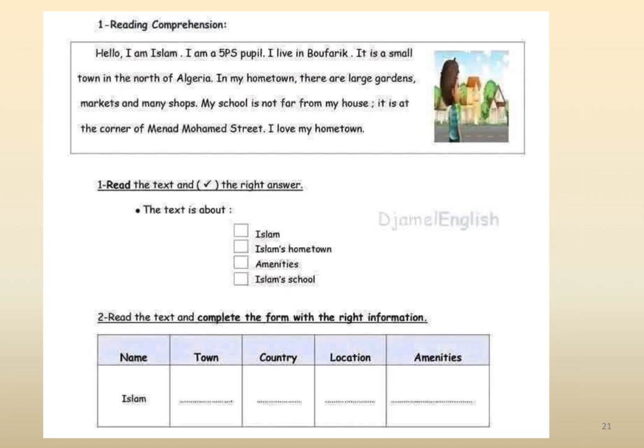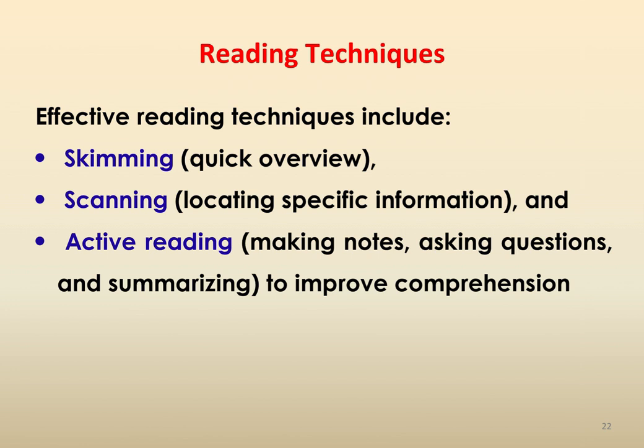To successfully answer tasks like checking the right answer, filling out information tables, or underlining correct grammar structures, our pupils must apply the exact reading skills that we have discussed.